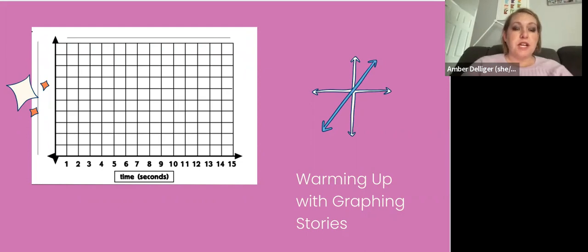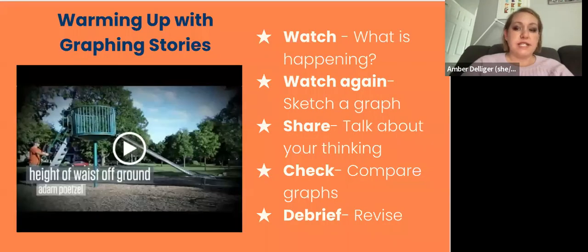We have been exploring linear relationships, linear equations, linear graphs in my class. In a few minutes, you'll actually get to see examples of my students' work. But we're going to start out with just looking at a graph story, because there are so many times in our real world where we get information that's given to us in a graph, and we have to understand what is happening, why things are happening, and what decisions I can make based on what we see.